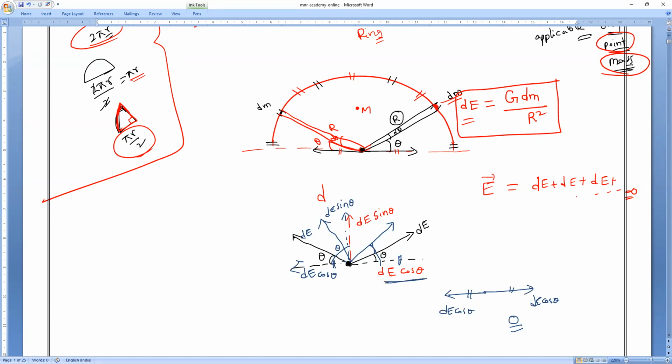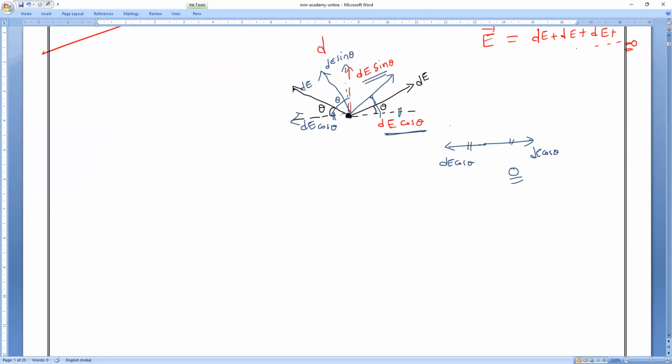The cos theta does not exist. Only the upward direction exists everywhere, that is dE sin theta. So the total gravitational field is equal to dE sin theta plus dE sin theta plus dE sin theta, and so on.